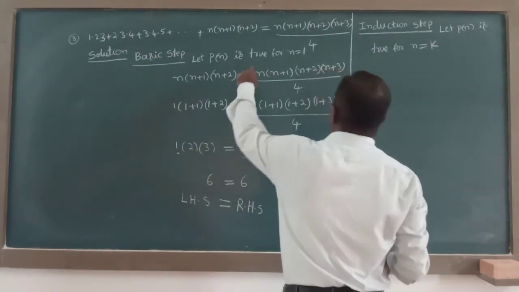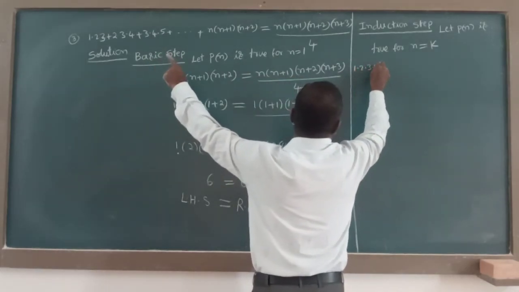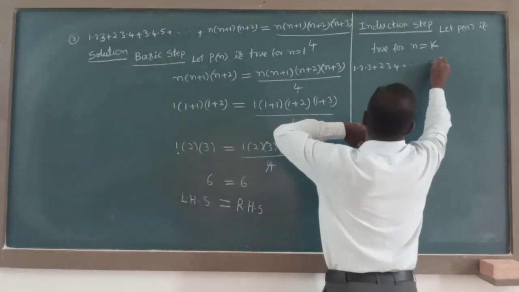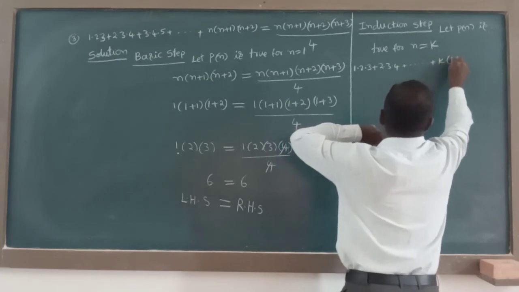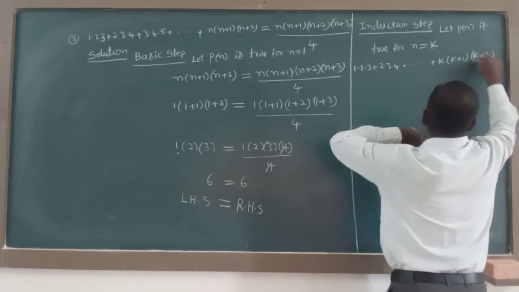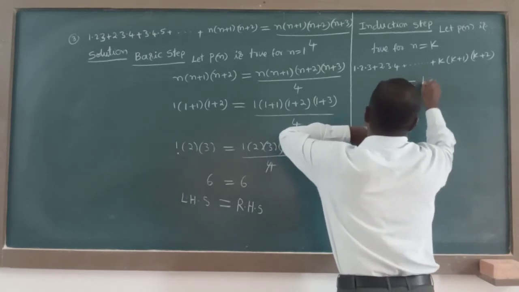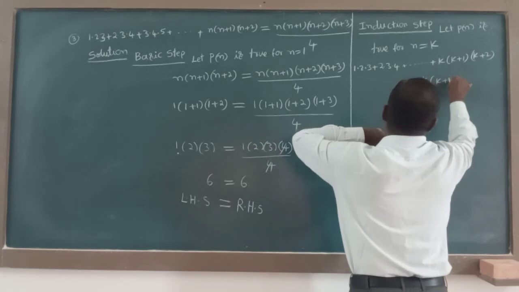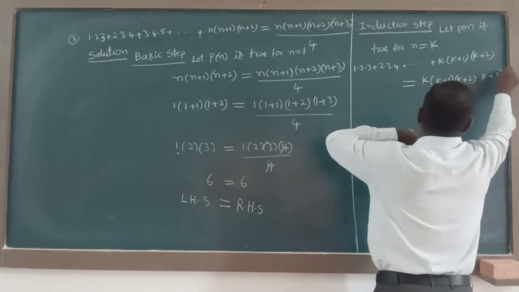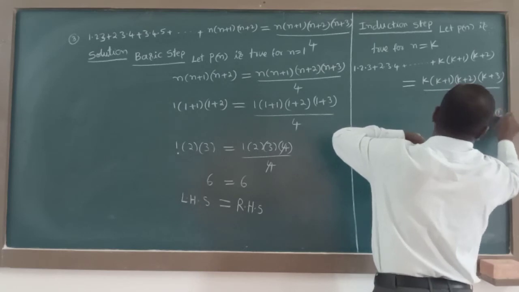N is equal to k means instead of n we are going to put k only here. 1 into 2 into 3 plus 2 into 3 into 4 plus up to and so on plus k into k plus 1 into k plus 2 is equal to k into k plus 1 into k plus 2 into k plus 3 whole dividing by 4. It is equation number 1.